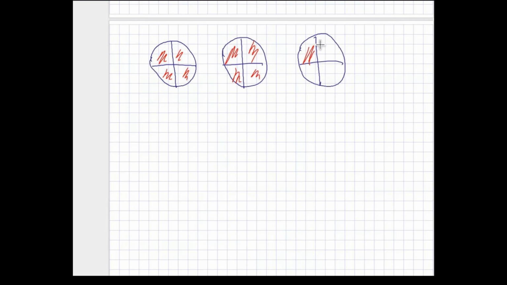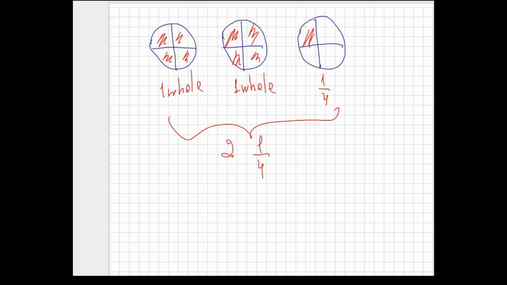Here I'm shading one part. Like this is one whole, but it's not one whole, it's 1 over 4. So I have 2 wholes and 1/4. Okay, but as you know, 1 over 4 is called a quarter.